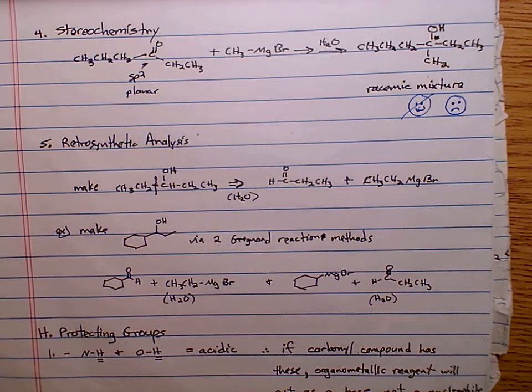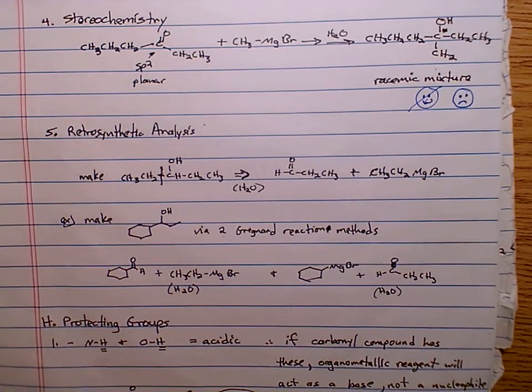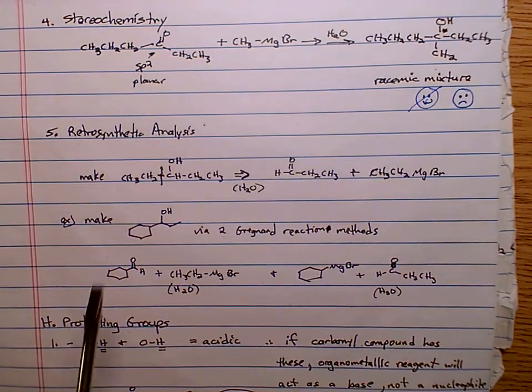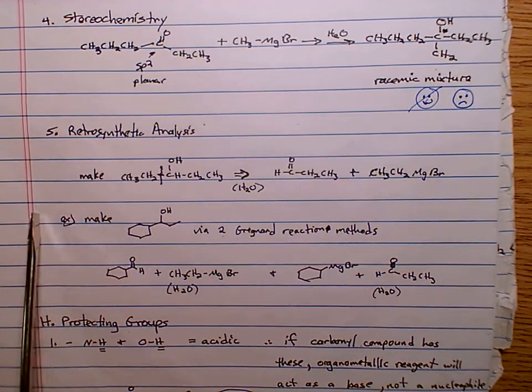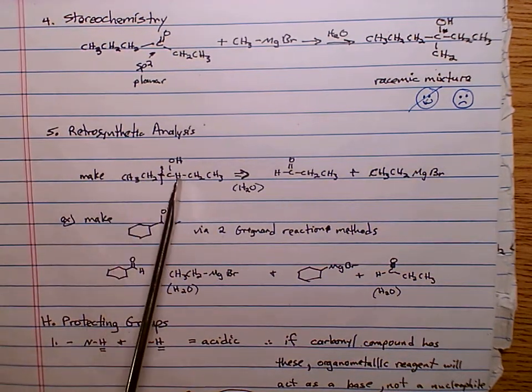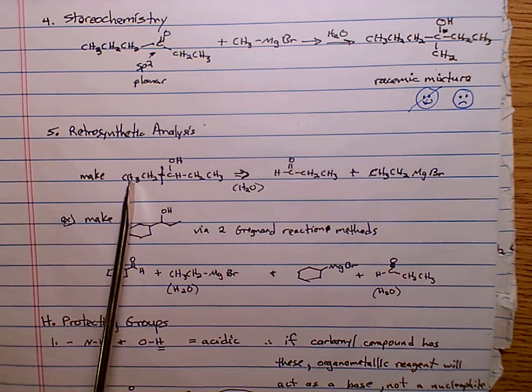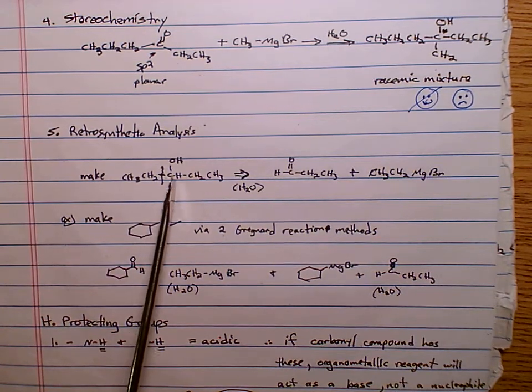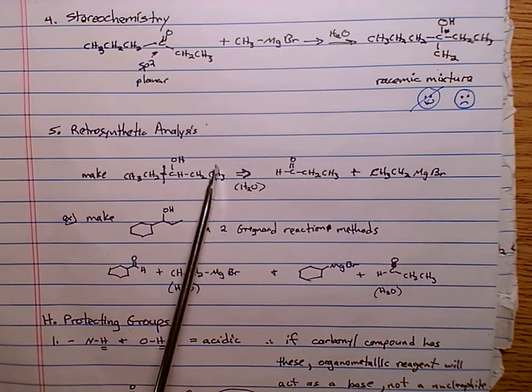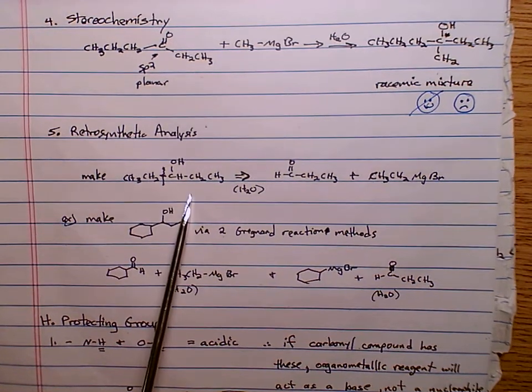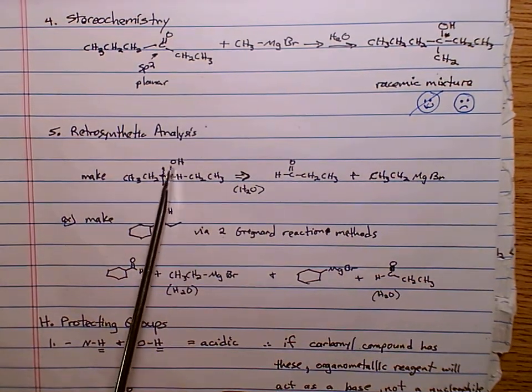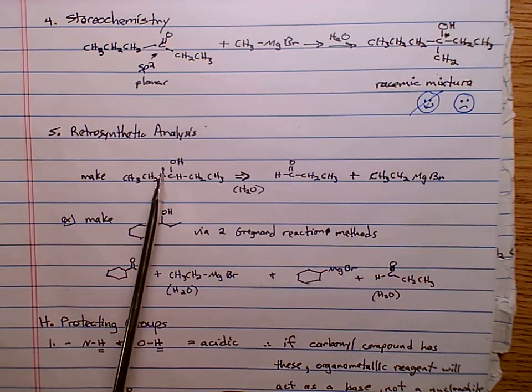Okay, let's look at a little retrosynthetic analysis. If I have this molecule here, CH3, CH2, CHOH, CH2, CH3, and I'm asked how you could make this, you can look and say, oh, a secondary alcohol.